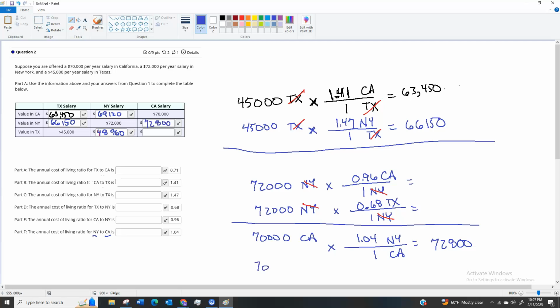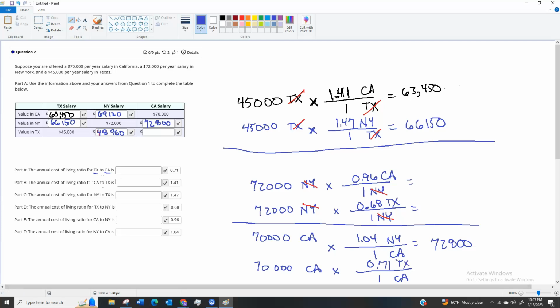And then last but not least, 70,000 for California times California on the bottom, again, just like up here, but now we want Texas on the top. So we don't want New York to California, we want Texas to California. So Texas to California is right here, and that would be 0.71.